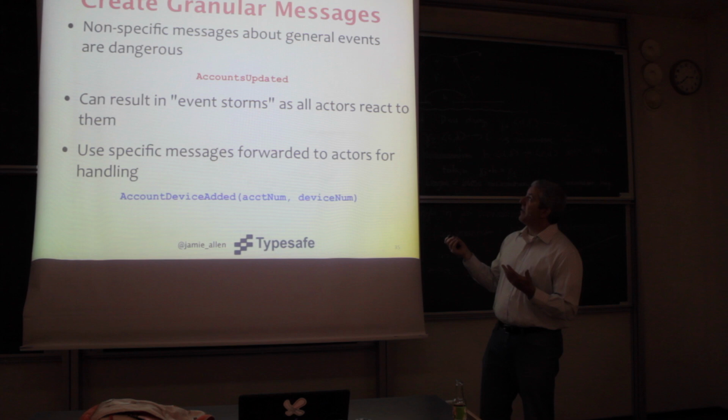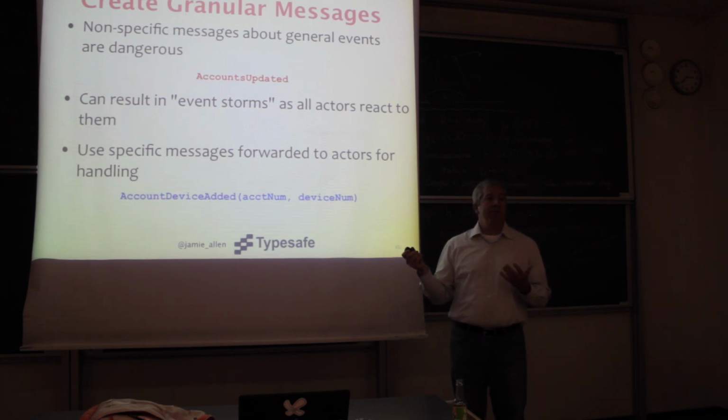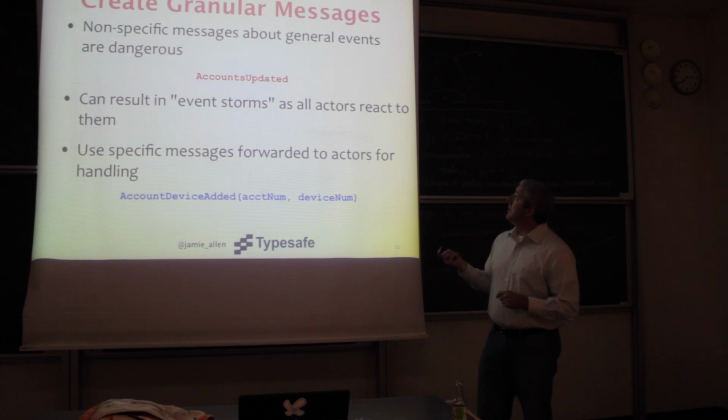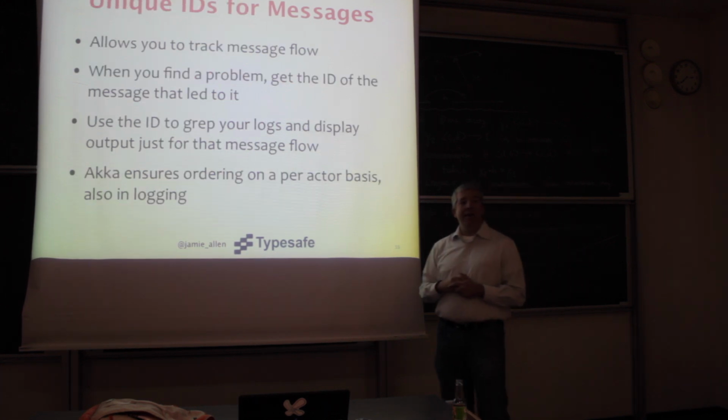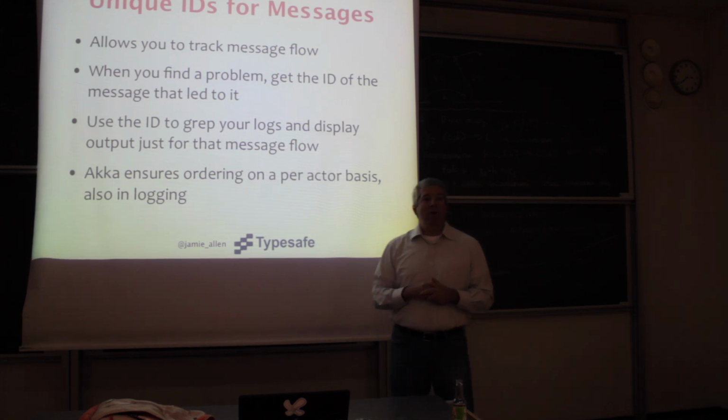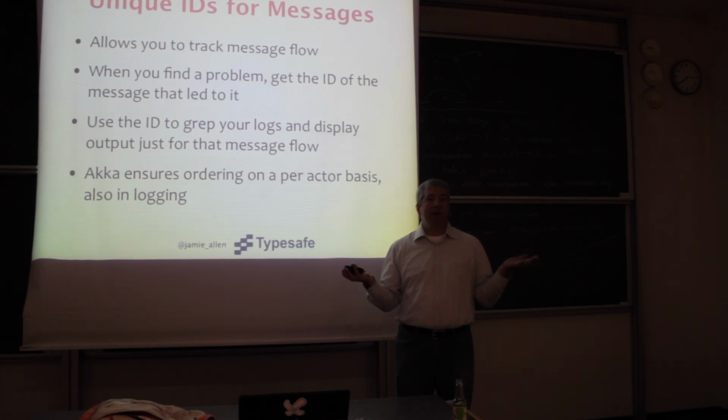And I just sort of talked about this, creating granular messages that are usually the reason you get event storms. Unique IDs for messages are really, really handy. Because how do most people debug an asynchronous application, regardless of what tool you're using? Logs. Really, logs.